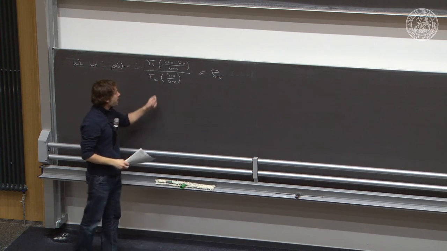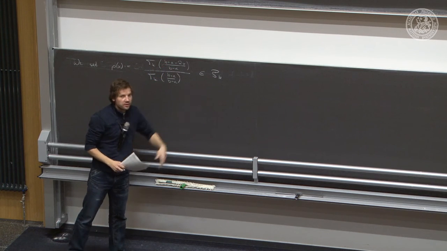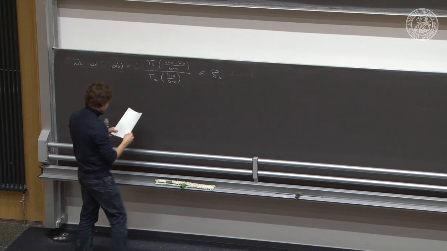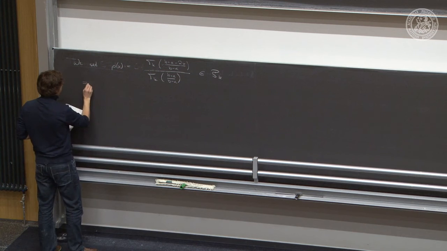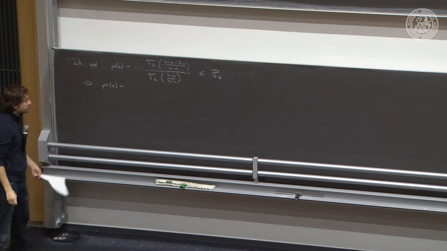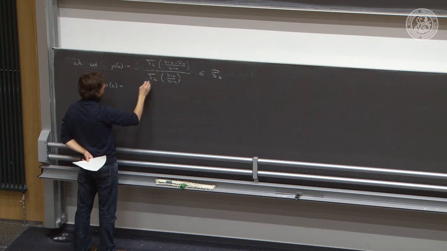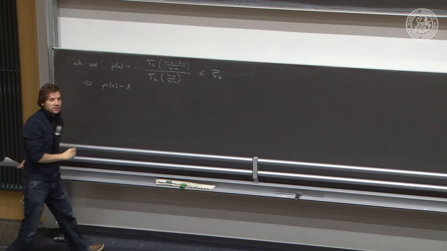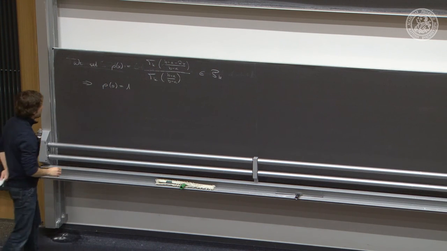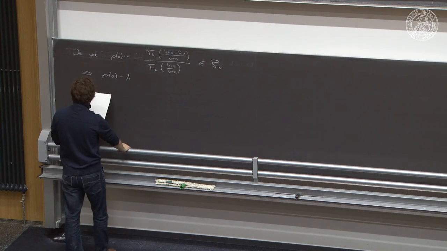With respect to x, this is just a constant, so this is indeed a polynomial of order k. Furthermore, at 0 both terms are equal, so that our polynomial evaluated at 0 is 1.